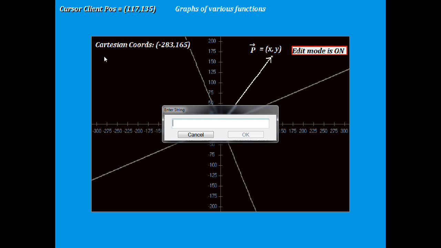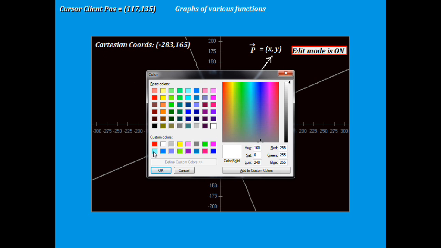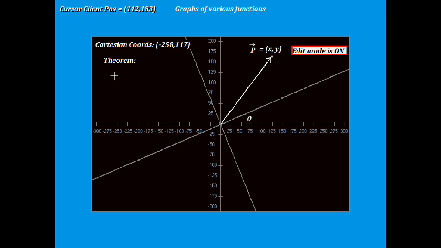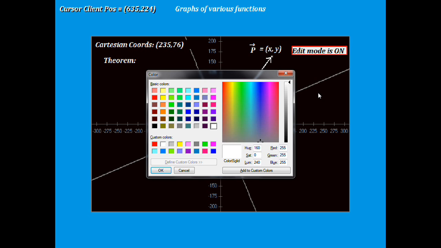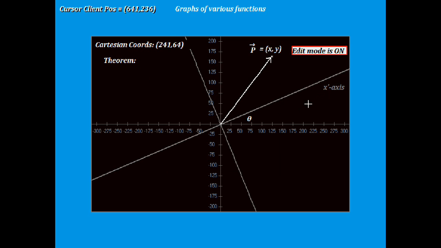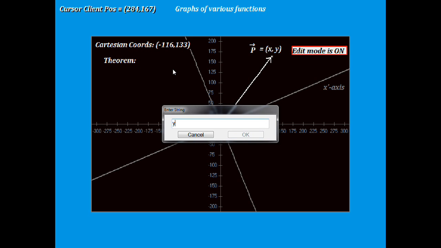It looks more like a title. Now, we're calling this the x prime axis. And here the y prime axis. I have to define my terms.